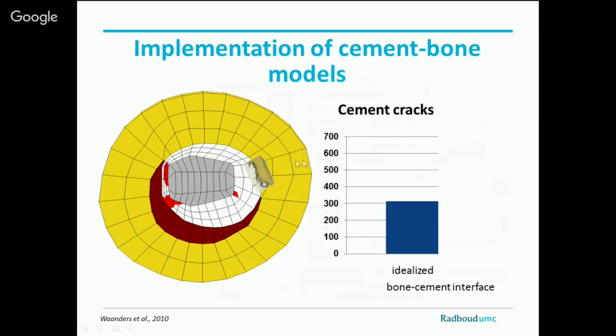So we did a simulation with the old interface. We count the number of cracks, it's 300. If we simulate the realistic interface behavior, we count double the amount of cracks. So this is an example that we have to assume a lot in these finite element models, but small changes can make a 2 times difference. But we are getting more and more realistic.